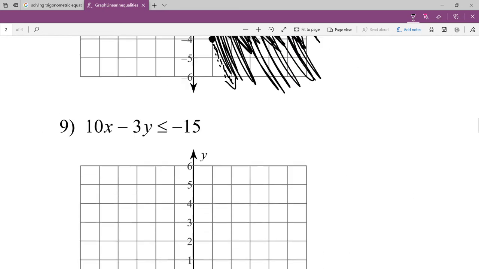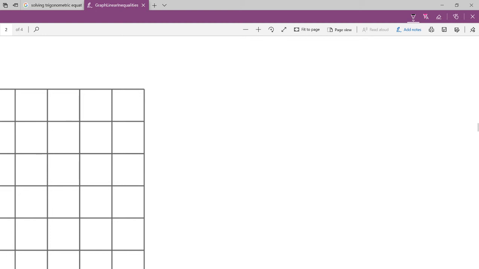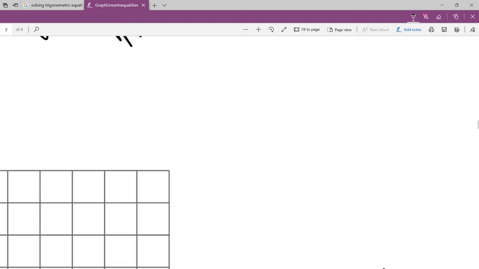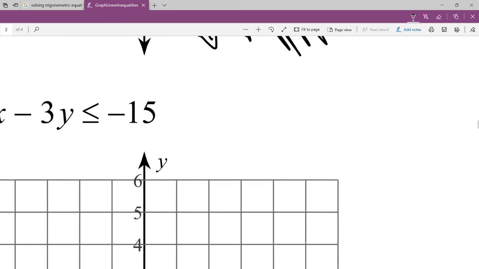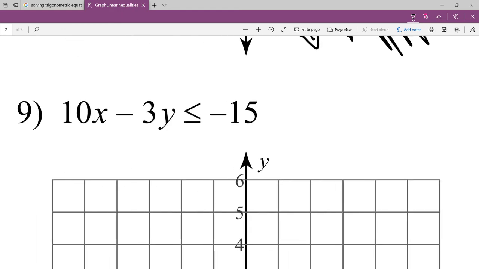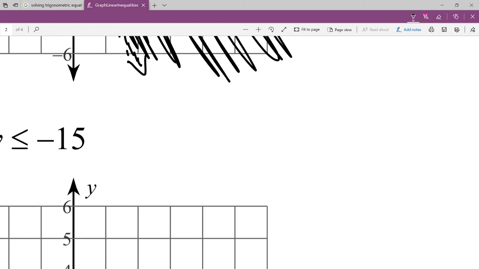Okay, and then we're going to do the next one. We have 10x minus 3y is less than or equal to -15. First, what you want to do is put it in slope-intercept form. So you copy it: 10x minus 3y is less than or equal to negative 15.